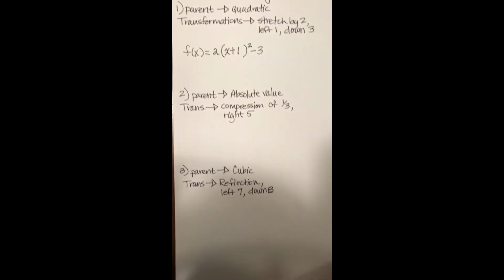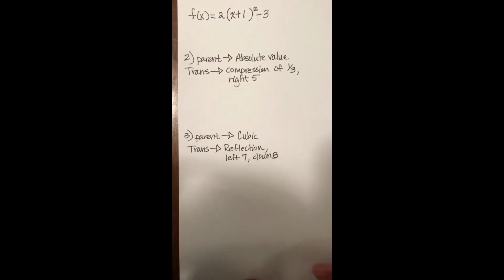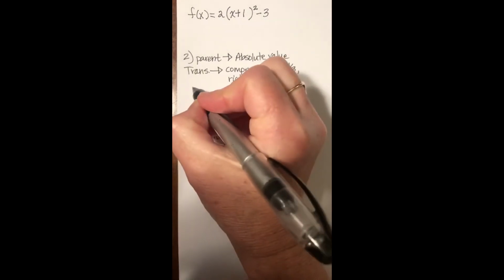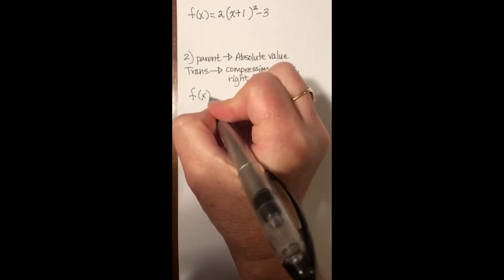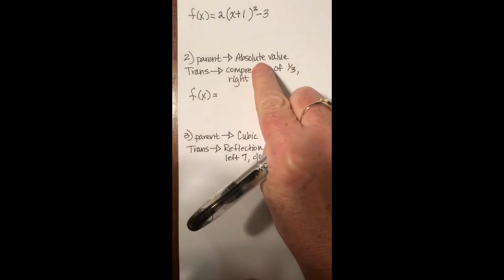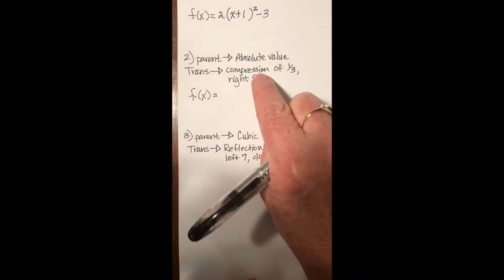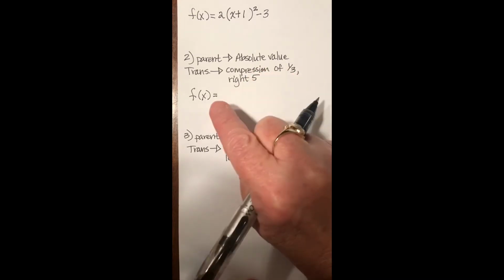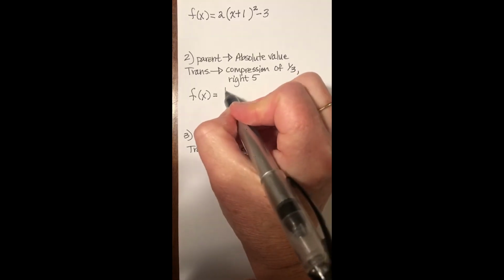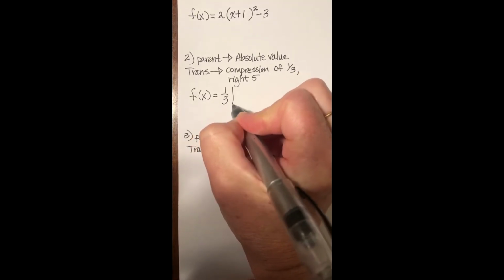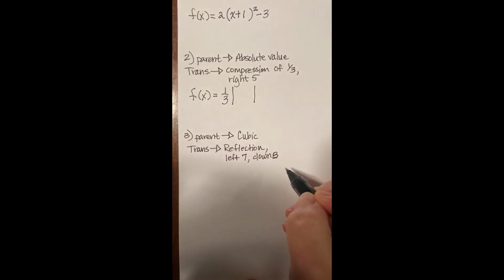The second example, the parent function is an absolute value function. So again, before I use the absolute value of x, I'm going to look and see what the transformations are, and I do in fact have a compression of 1/3. That's going to become the first thing that I write, and then I can write those absolute value bars.